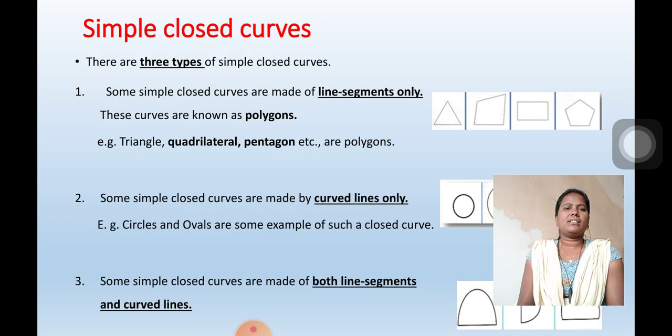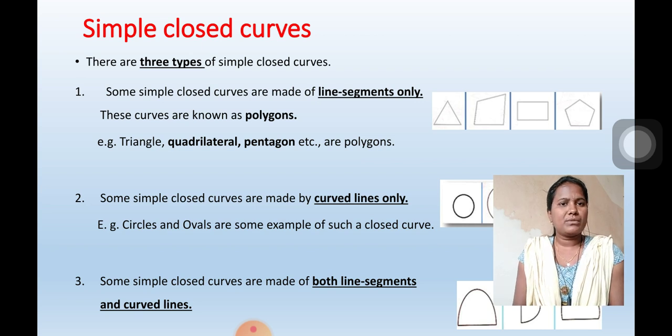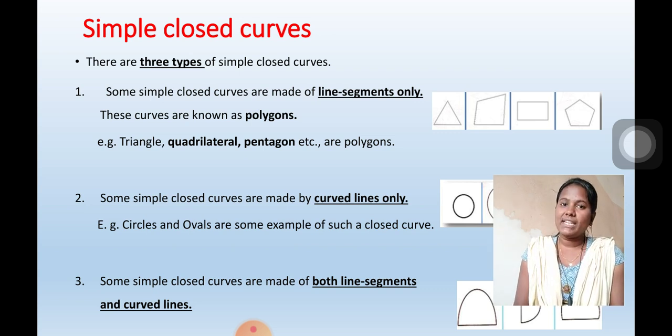Now let us learn the types of simple closed curves. There are three types. The first one: some simple closed curves are made of line segments only. Those are called polygons.